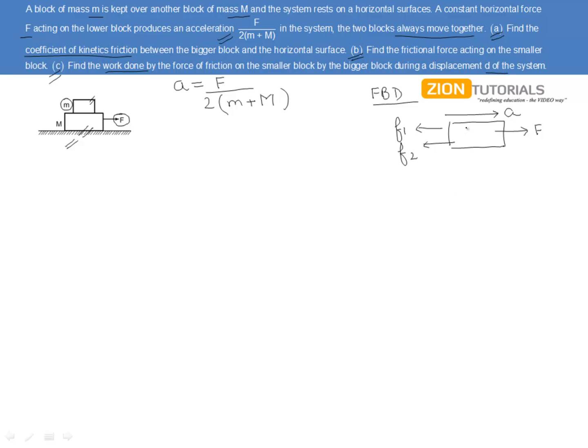If we do the same thing for the smaller block, we have an acceleration a along with the friction F1 here.